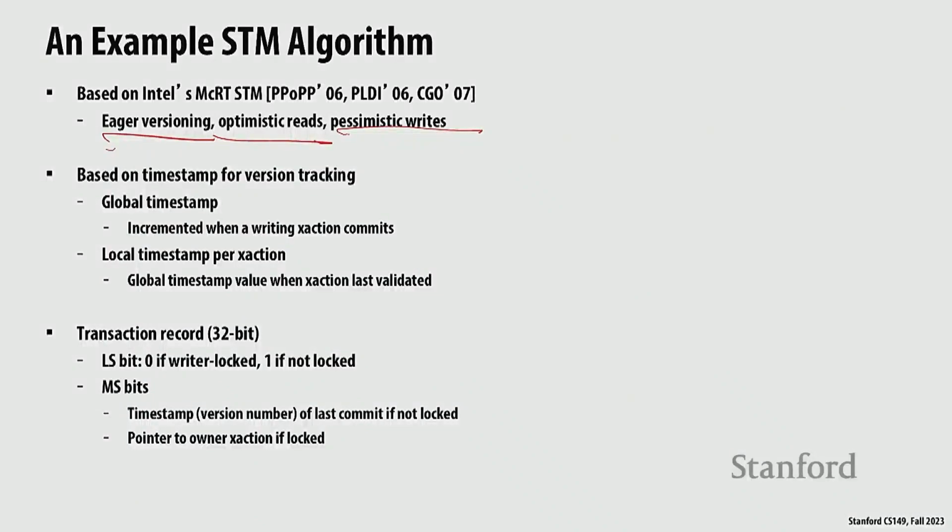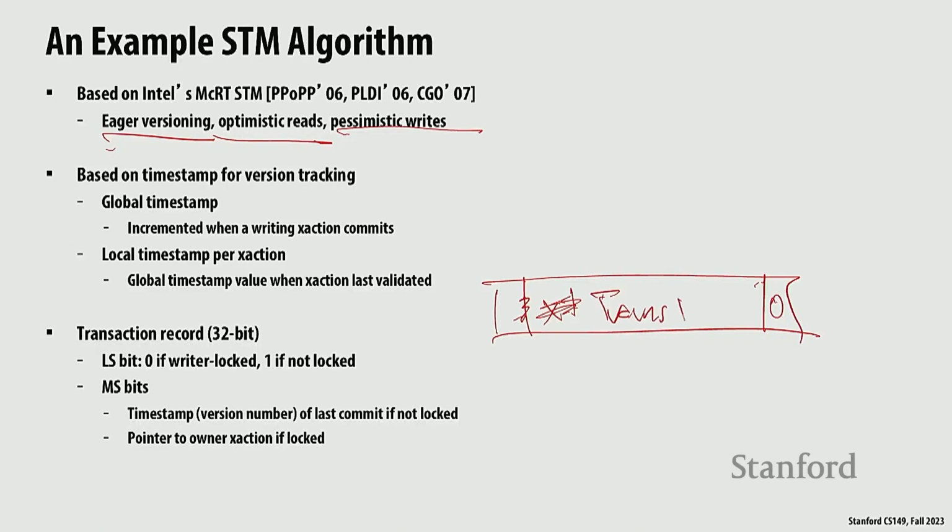And then there's a transaction record associated with each of the data, and it's a 32-bit value. The least significant bit is either 0, which means it's locked, and that means this would be a transaction pointer. And if the least significant bit is a 1, then this is essentially a version number.